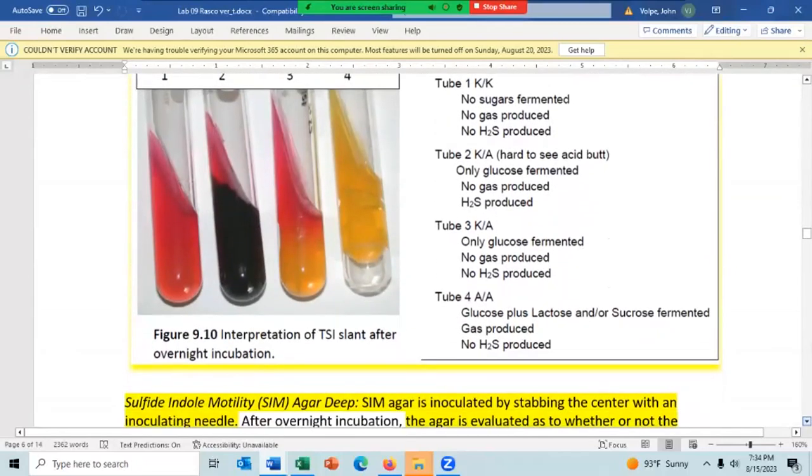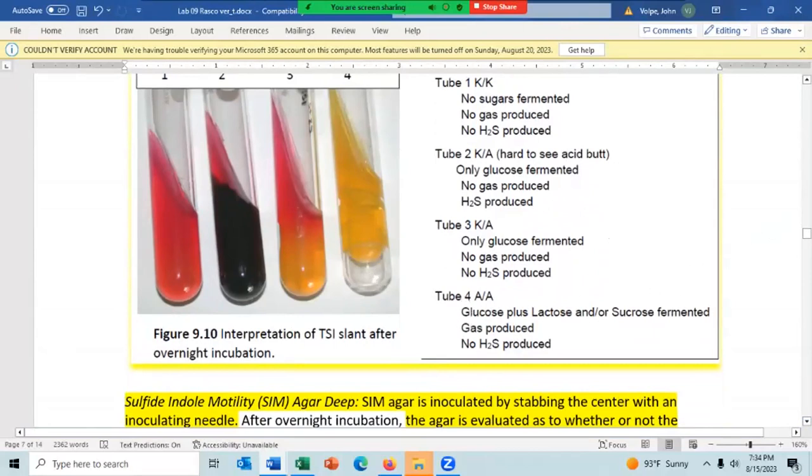This has a bubble in it as well as cracking of the media, so gas was produced. If it's black, hydrogen sulfide was being produced. Okay, so no gas, gas, hydrogen sulfide, no hydrogen sulfide.